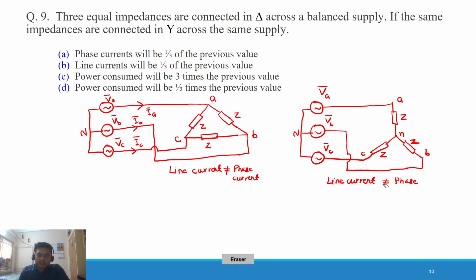But in a star connected system, line and phase currents are of equal magnitude, and line to line voltage is root 3 times the phase voltage magnitude.